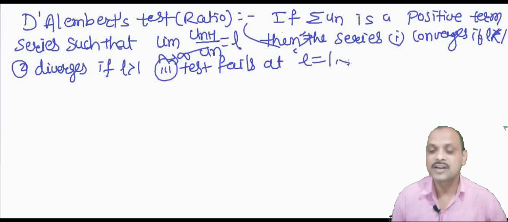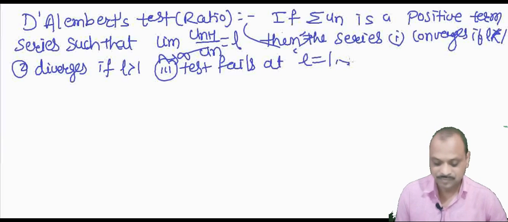So this is the ratio test, because you can see that we have taken the limit of a ratio u_(n+1) divided by u_n.